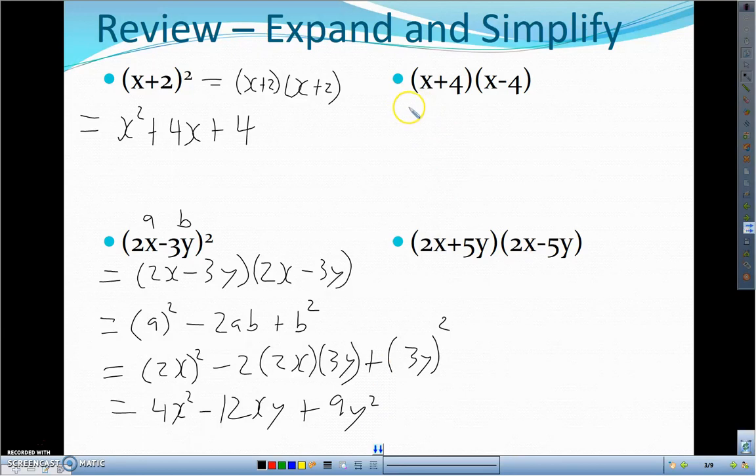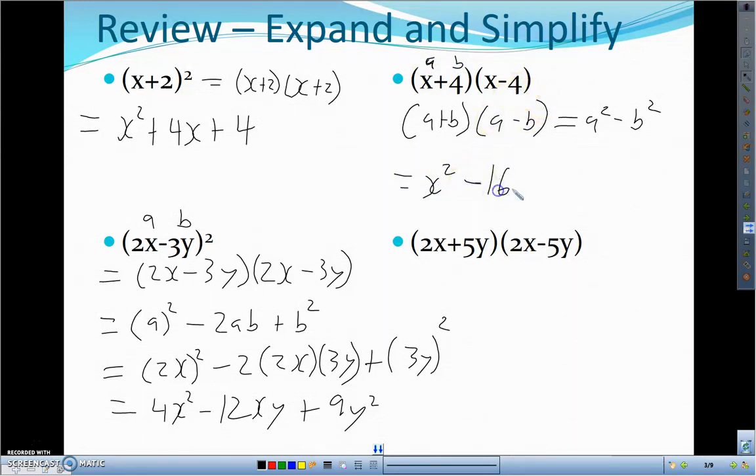This here is a difference of squares because it follows this idea of a plus b times a minus b. In this case, the a is the x and the b is the 4, and this is equal to a squared minus b squared. In this case, this is a, this is b. So this is going to be equal to x squared and b squared, which is 4 times 4, minus 16.